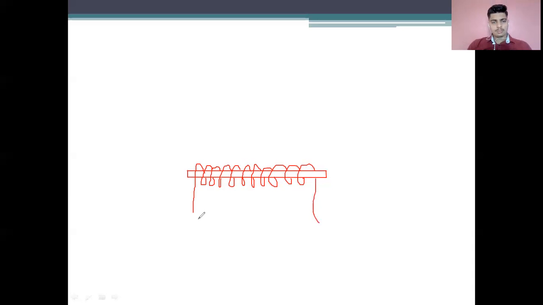So now, by creating a potential difference across these wires, let's say here it is a plus and here it is a minus, by simply connecting it to the battery, we can generate an electromagnet, and those field lines can travel like this. You might have studied this in your schools.